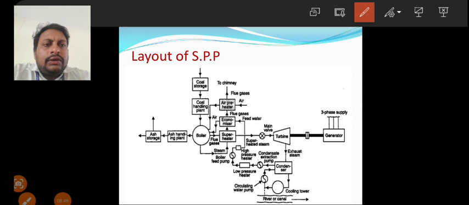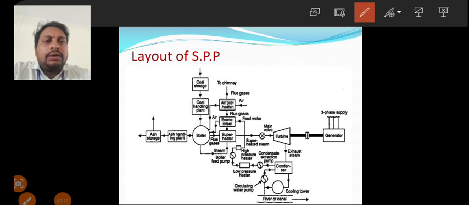If any moisture content is there in the steam, it will be removed in the superheater, then the economizer. In the economizer, the feed water absorbs heat from the flue gases and is converted into hot water.